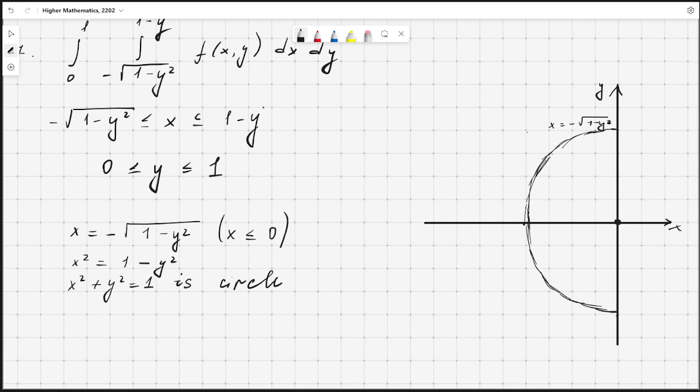The second is x is 1 minus y. It is just a straight line that consists of the points x is 0, y is 1 and y is 0, x is 1.